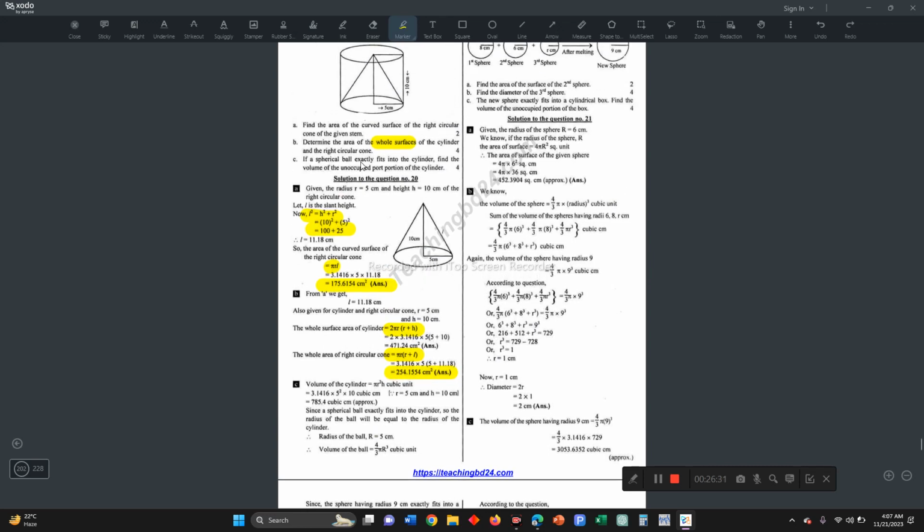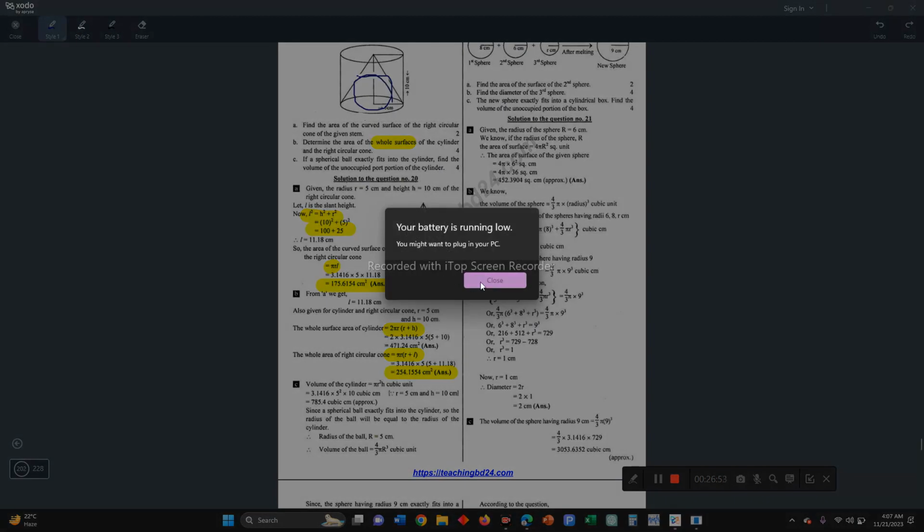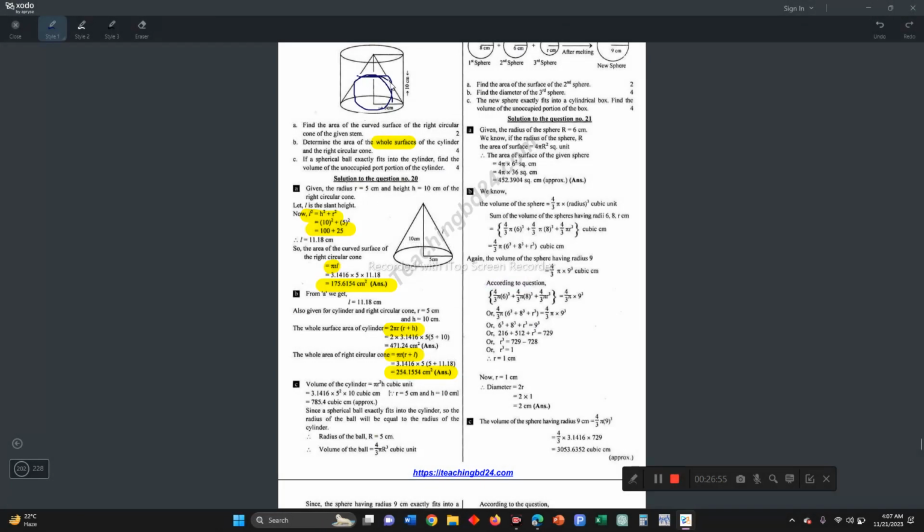All the shapes have been included in this question. If a spherical ball exactly fits into the cylinder, find the volume of the unoccupied portion of the cylinder. So now the spherical ball has been placed in this right circular cone. Okay, in the right circular cone.